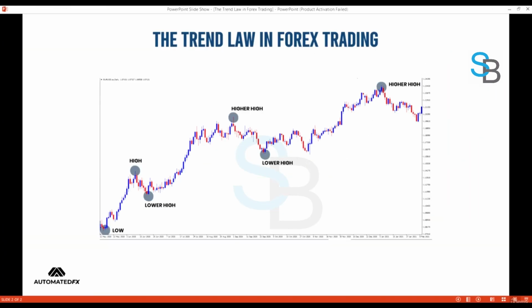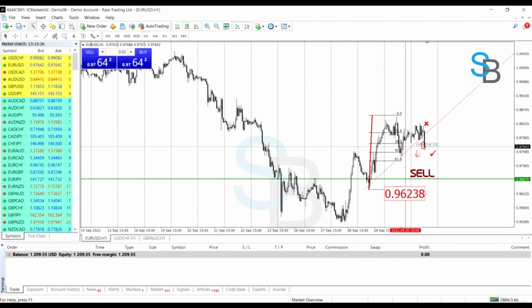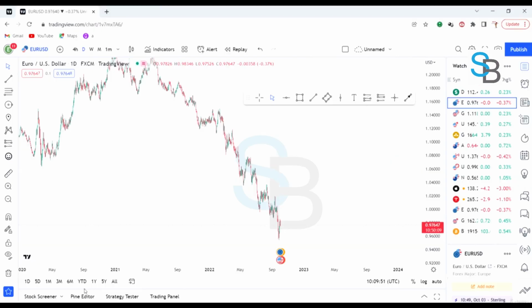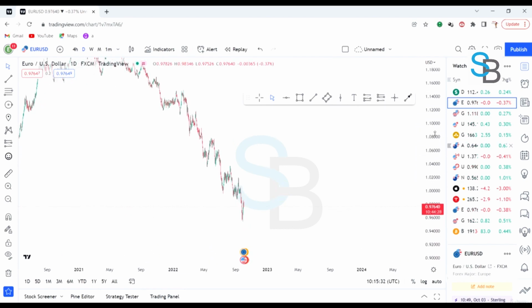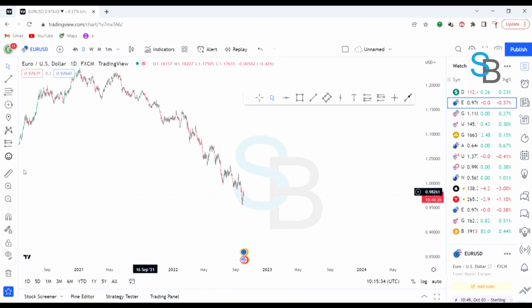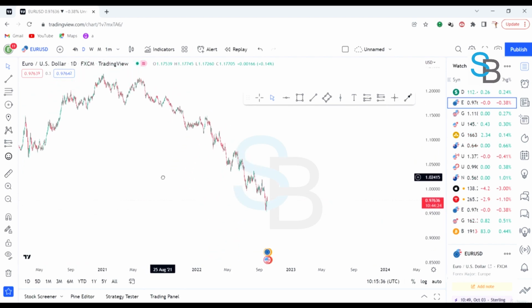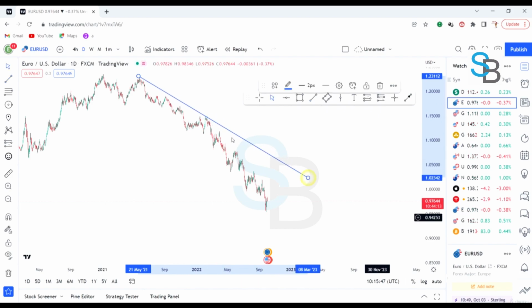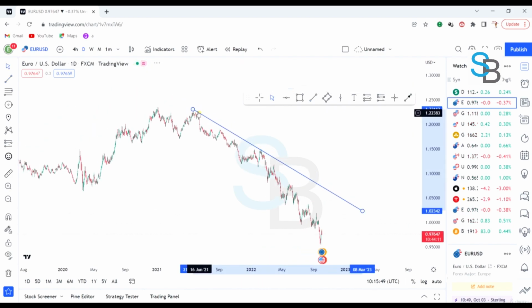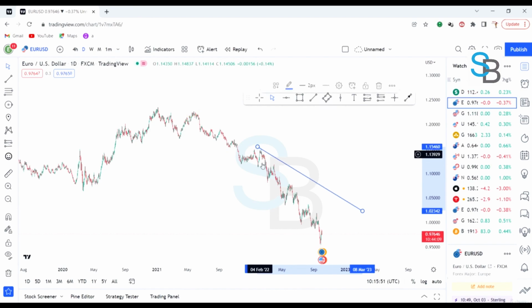Okay, so let's just check TradingView now. Remember we identified a downtrend movement on the dailies in EUR/USD when looking at the TradingView platform. Now let's draw a trend line. If you want to draw a trend line, you have to draw from one high point.